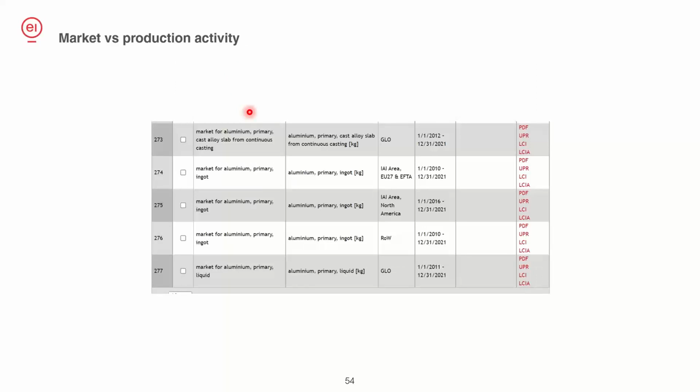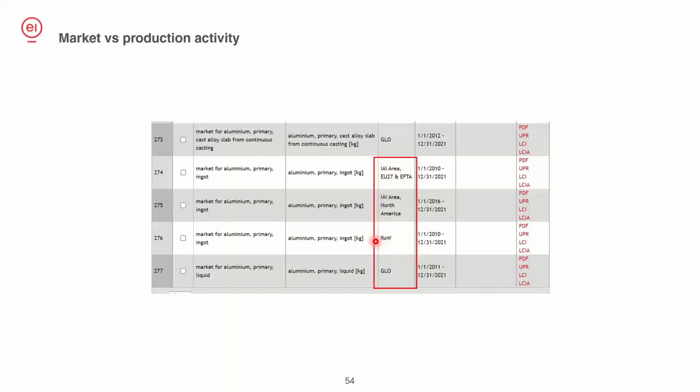And you have to decide then whether you want to select a market or a production activity. So let's assume that you want to select a market activity, you do not have further information about specific transport. You have to look at the available geographies. Here, in the case of aluminium, if you remember, we mentioned that we have customized geographies for the International Aluminium Industry Association.